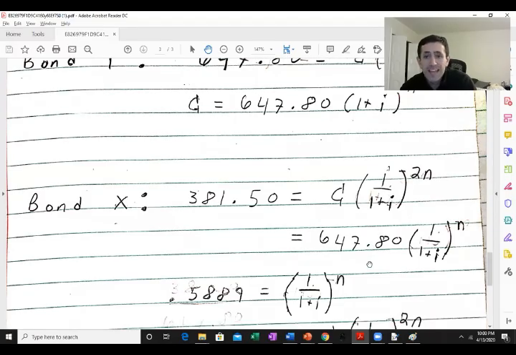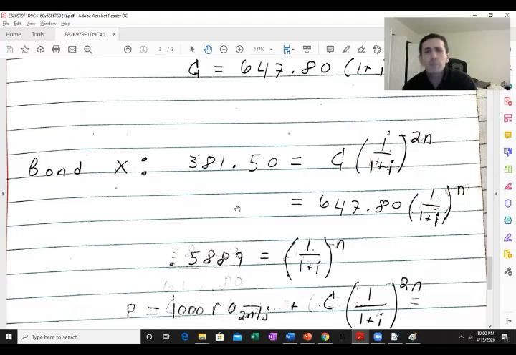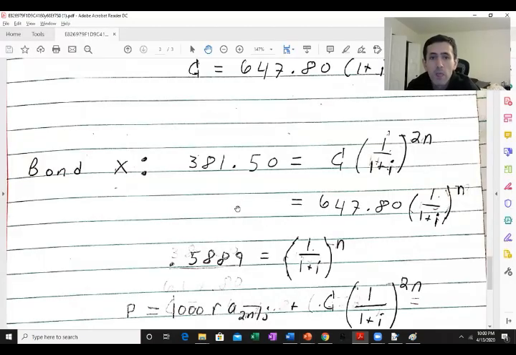Okay. Now I'm going to plug this into my bond price formula. So let's say P is the price of bond X. Okay. So the coupons are still F times r. F is 1,000 because it's a 1,000 face value bond. Par value is 1,000, same as face value.